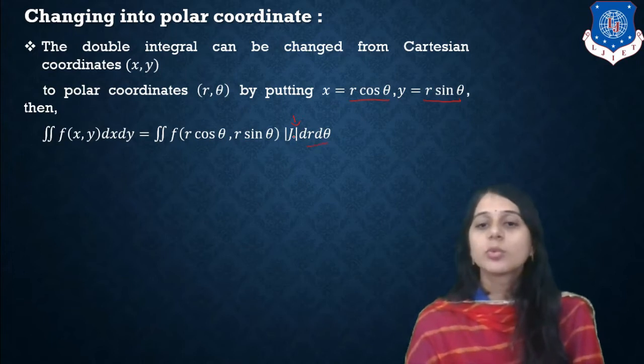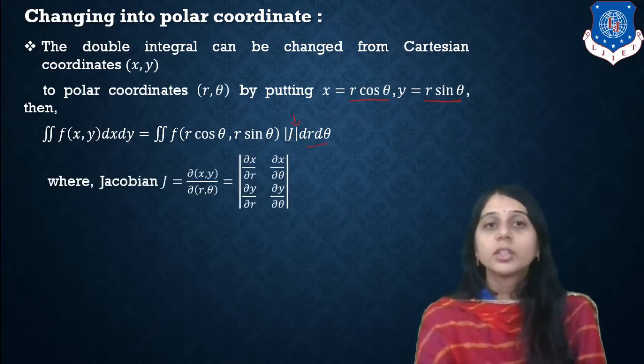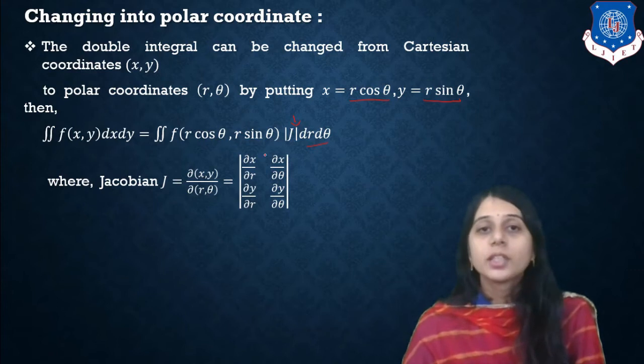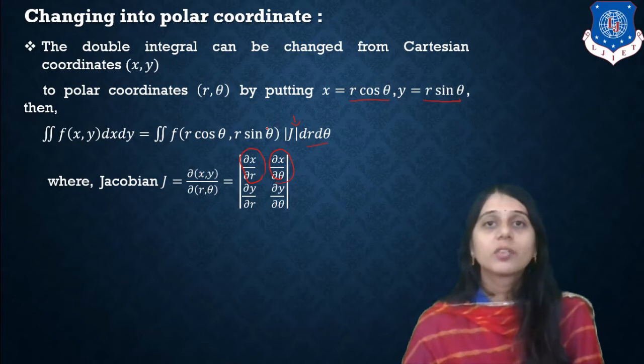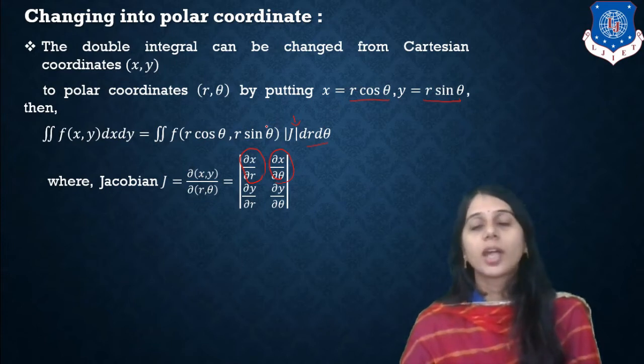dr d theta. What is the mode of J? It is your Jacobian. What is Jacobian? It is dx by dr, because we are converting x in terms of r and theta. Similarly, as a Jacobian, we convert any variables x and y into u and v.